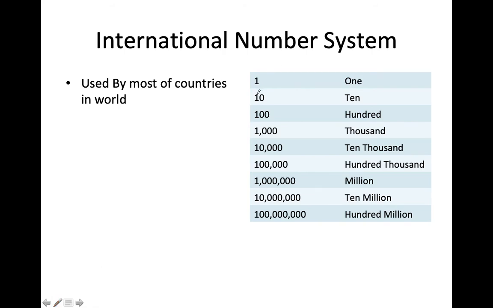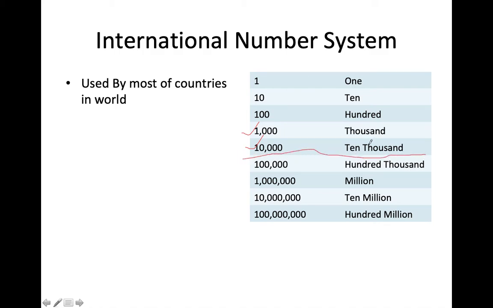The second digit is from 10 to 99, again the same as the Indian system. If there are three digits, 100, it's again the same as the Indian system. If 1000, it's again the same as the Indian system. If 10,000, again the same as the Indian system. Now the difference starts from 100,000.